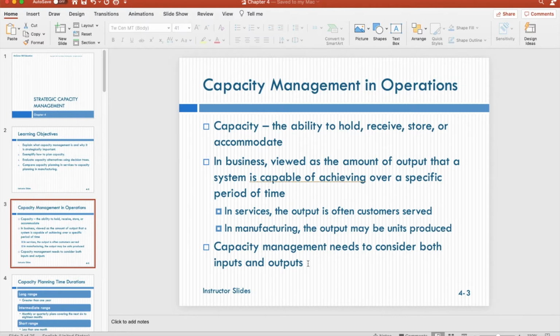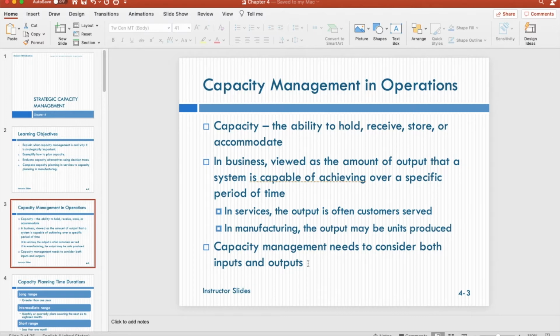Okay? For example, if you want to produce, let's say, 1,000 products in one day, maybe 2 machines is not enough. Maybe you need 5 machines. But right now, let's say you only have 2 machines. You need to buy those 3 machines from another supplier, right? You need to buy them.